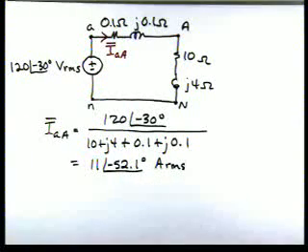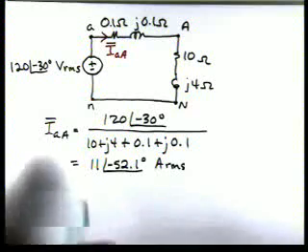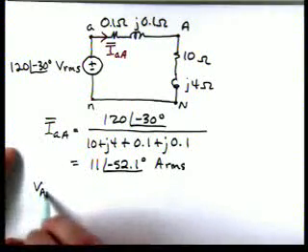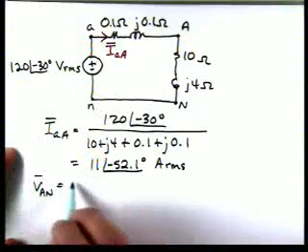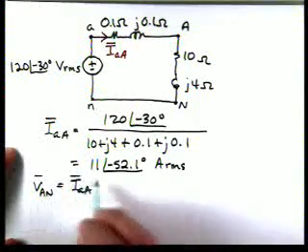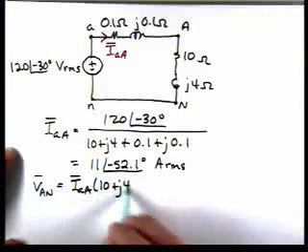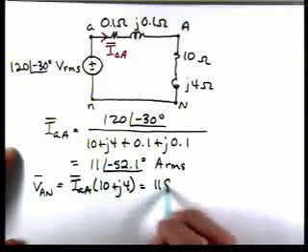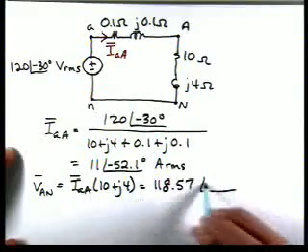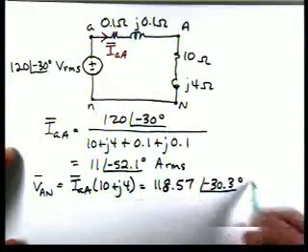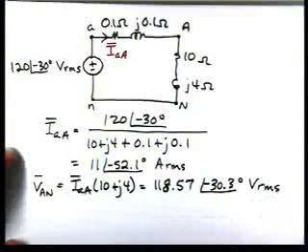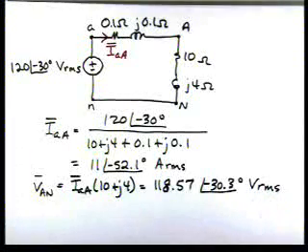Now, our load is the impedance 10 plus j4, so let's calculate V_AN. That's our current times 10 plus j4, and that's 118.57 at an angle of minus 30.3 degrees volts RMS. And that's the phase voltage for the A phase of our load.